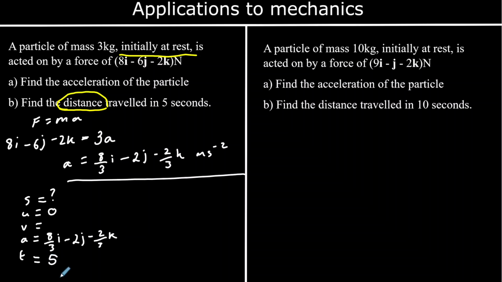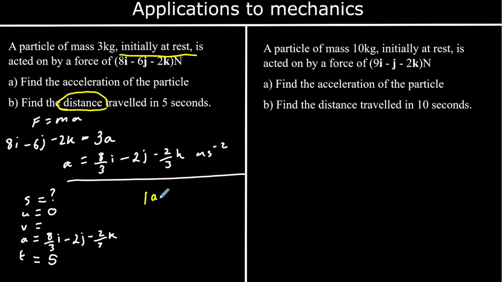Now, it's going to be easier to find the magnitude of the acceleration before we do our calculation. And we only want distance, so we don't want displacement. If we wanted displacement, we would leave our answer in terms of i's and j's and k's. But we can find the magnitude.